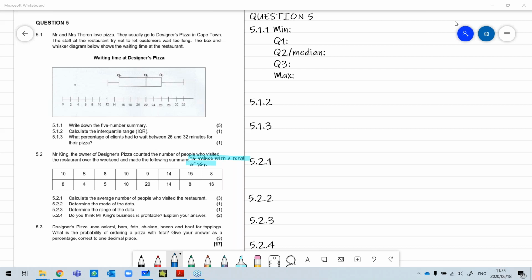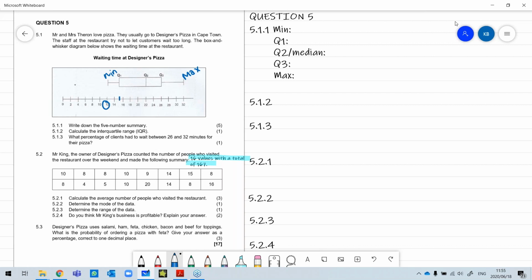So your 5-number summary is normally your minimum value, your first quartile, your second quartile, your third quartile, and your maximum value. Now it's quite simple. We can read all of that from our box and whisker diagram. This is your minimum value, and this is your maximum value. So let's see. It corresponds with 12.